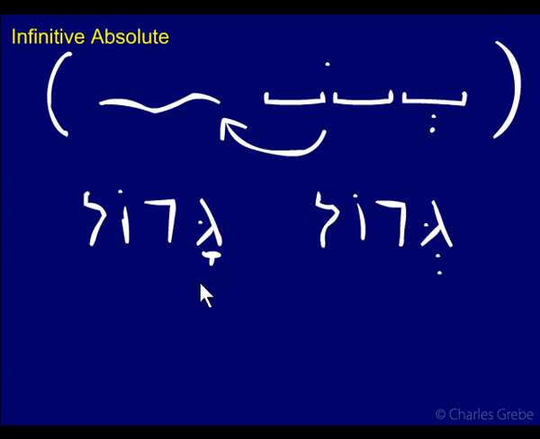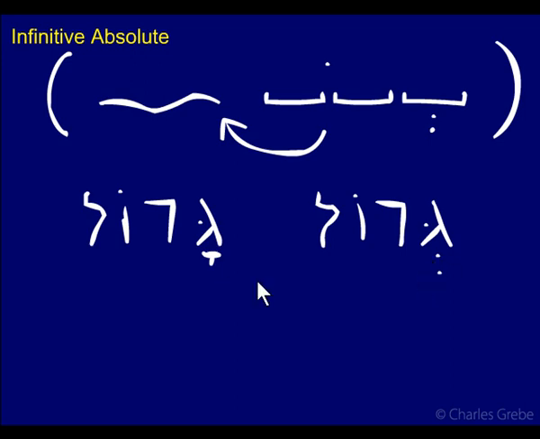This is an adjective meaning great or large or big. In the substantive, it can be noble, like a noble person. So this is the absolute form if it's functioning as a noun, and this is the construct form.